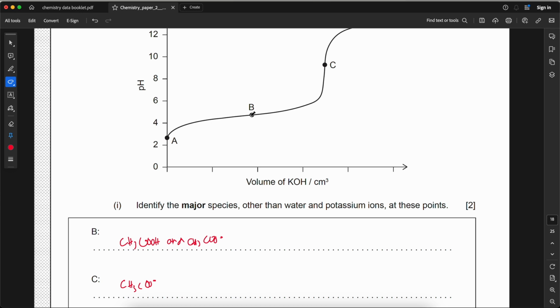It means there will be CH3COOH and CH3COO minus, because some weak acid has already partially dissociated and some of it has not dissociated yet. And then for this one, that would be the equivalence point. So the weak acid has already dissociated, so that would be only CH3COO minus.